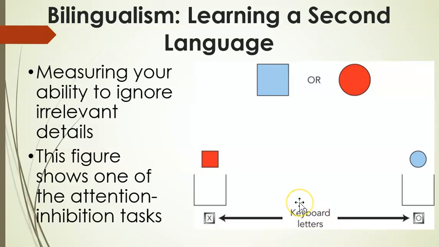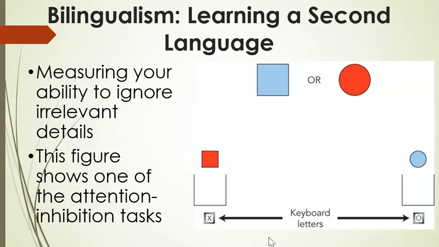So in other words, you're going to be shown either a blue square or a red circle, and you have to press the keyboard letters of X or O if it matches. Now, if you see a blue square, does it match? If it matches, you press, and if it doesn't, you don't press.